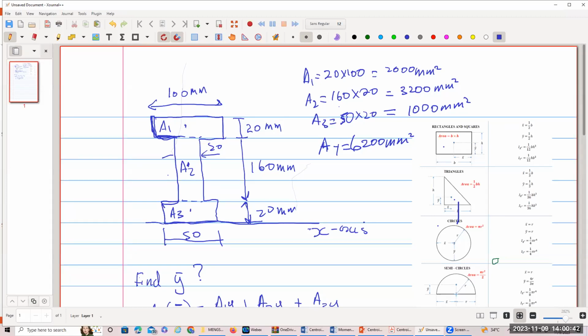So we need this distance here, y1, and I need y2, and I need y3. Y3 is this distance here. Can somebody tell me those distances, please?